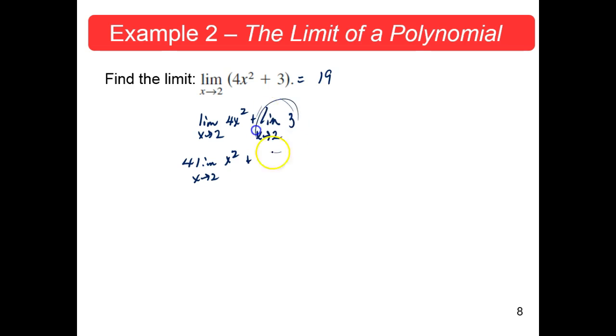What's that limit right there? 3. Okay. And this would be 4 times the limit as x approaches 2 of x squared plus 3. And finally then, this is 4 times, what's the limit as x approaches 2 of x?